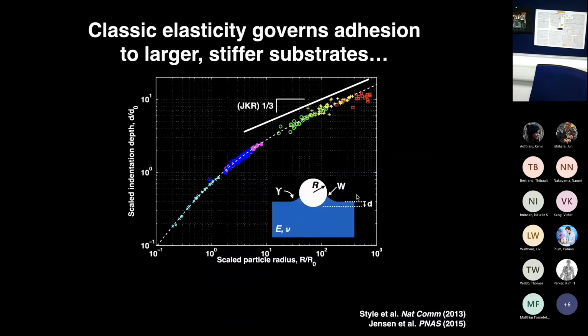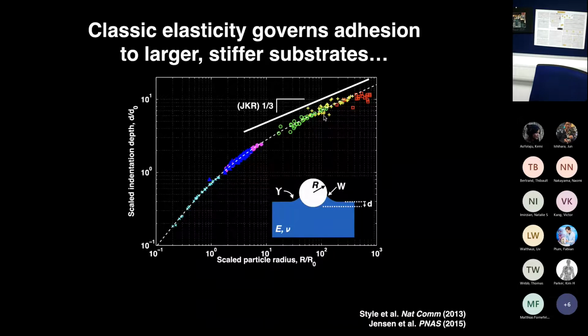This was started by Rob Style in his earlier work, and then I picked it up later. And we can plot the indentation depth versus particle radius. There's a rescaling here to collapse experiments with different material properties together.